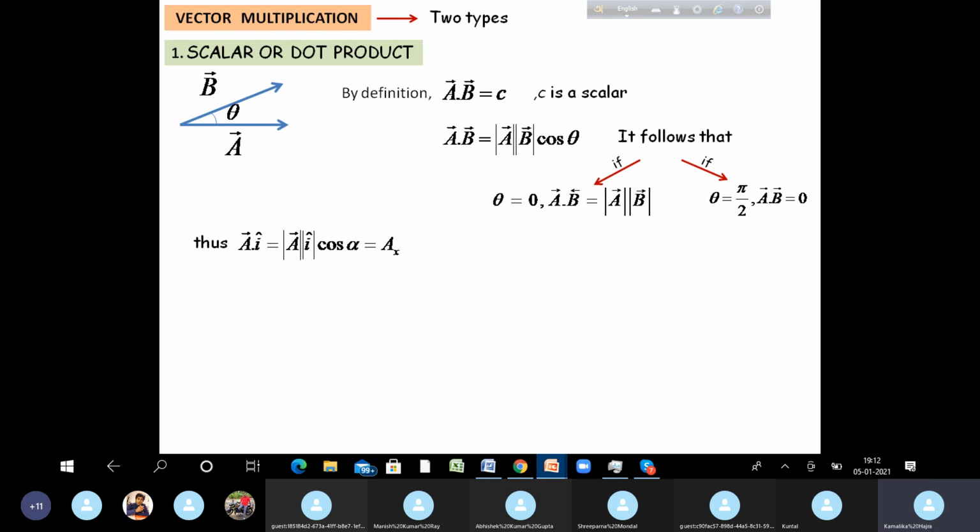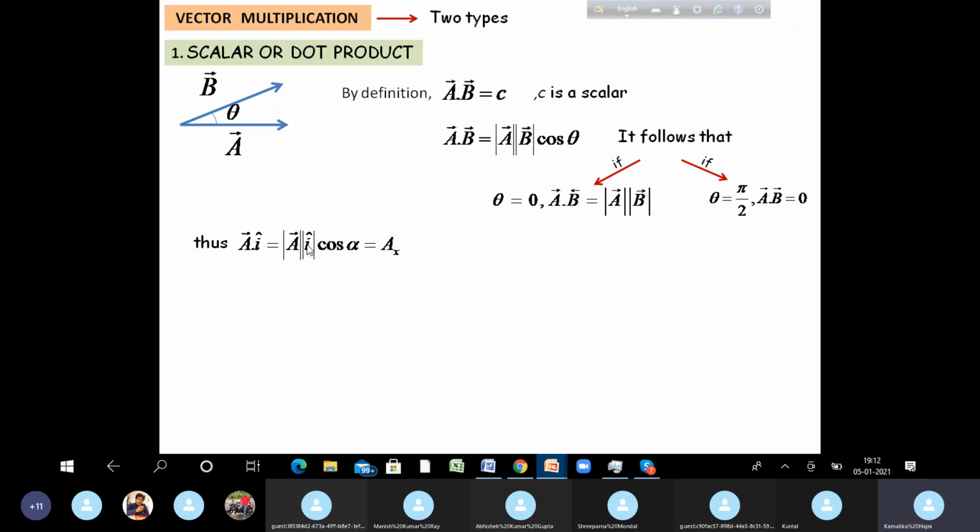Remember the direction cosines we defined in our last class. So A dot I will be modulus of A into modulus of I into cos alpha, because alpha is the angle that A makes with the x-axis, that is, with I.